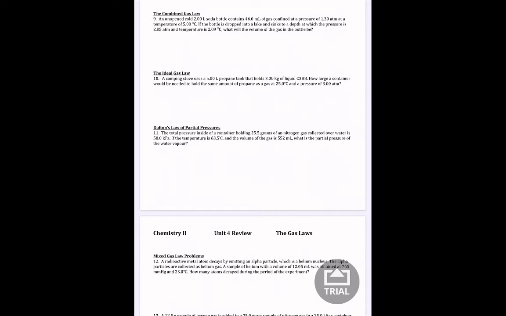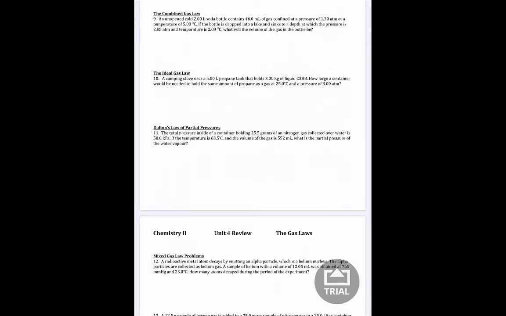Okay, so the first thing we got to do is find the pressure of the water vapor, because we really don't know what the proportion is. The temperature is 63.5 degrees Celsius and the volume of the gas is 552 milliliters. What is the partial pressure of the water?